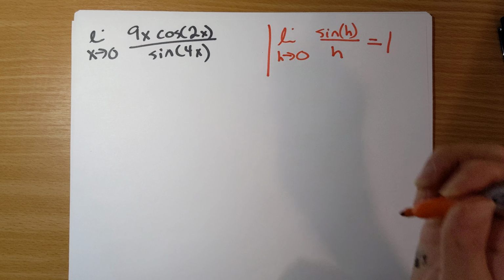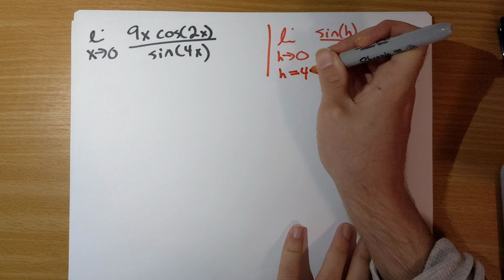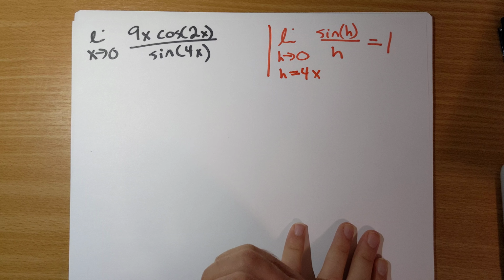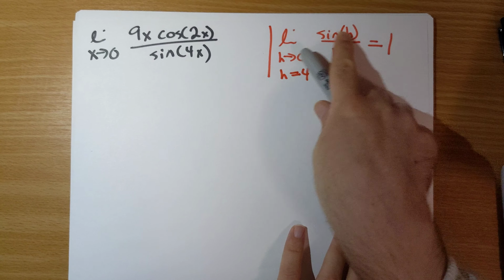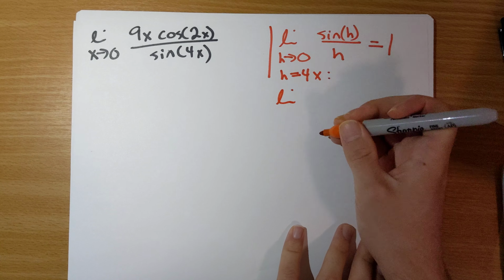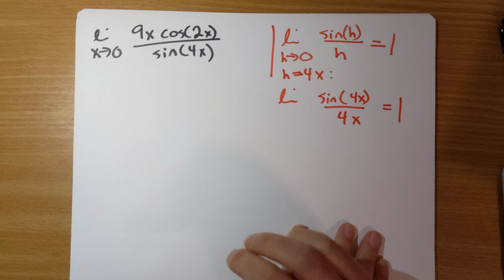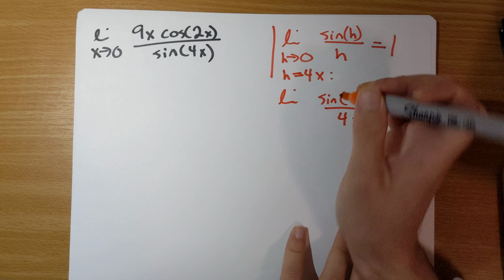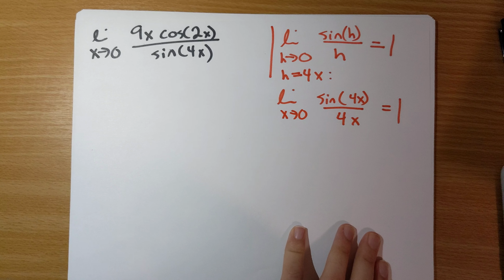The first substitution is to replace h with 4x. Why 4x? I want to match the sine of 4x over here. So this is now the limit of sine of 4x over 4x, which is equal to 1. This is the limit as 4x goes to 0, but if 4x is going to 0, that's just the limit as x goes to 0.